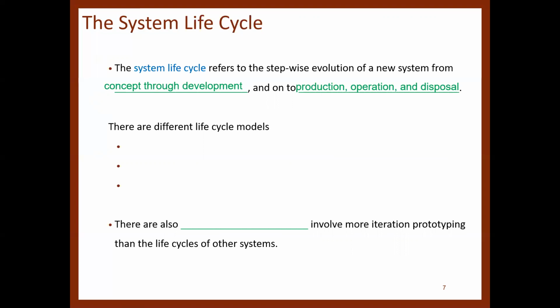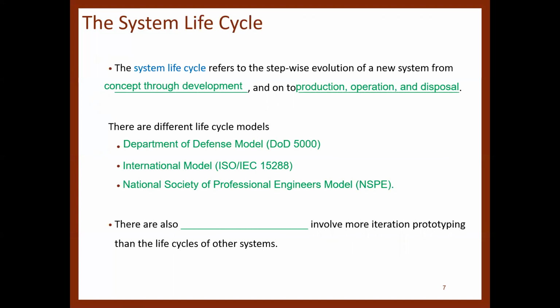There are different life cycle models within the systems engineering professional discipline. The Department of Defense has their own, there is the international model or the ISO, and then the National Society of Professional Engineers also.